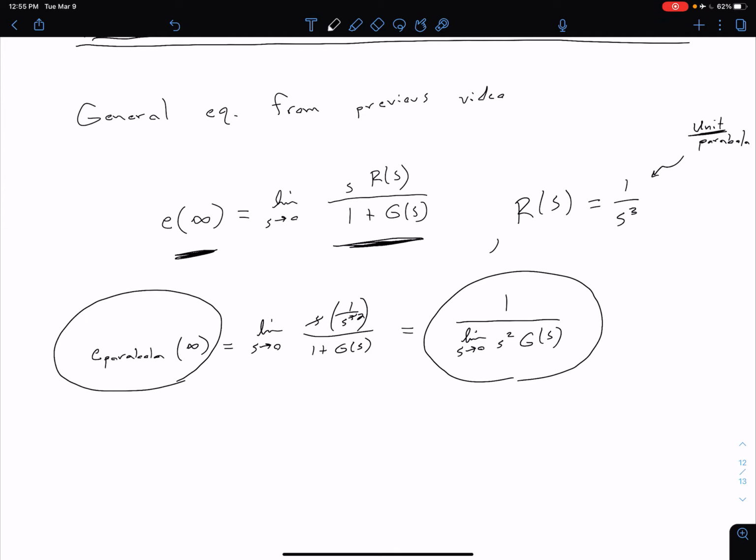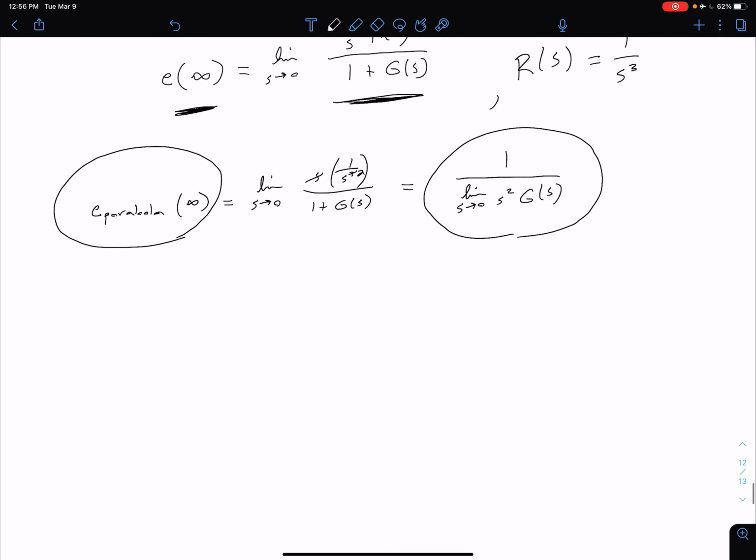All right, so let's see what conditions for G(s) need to be met in order to have a 0 steady state error. So we can say we want our e_parabola as t goes to infinity to be equal to 0. So if that's true, then it turns out we must have that limit equal to infinity. So we must have the limit as s goes to 0 of our s squared G(s) equal to infinity.